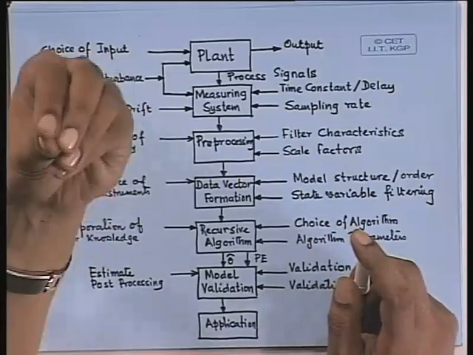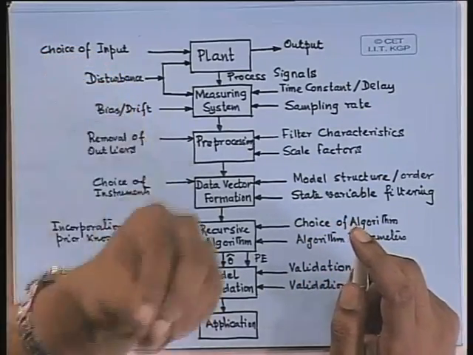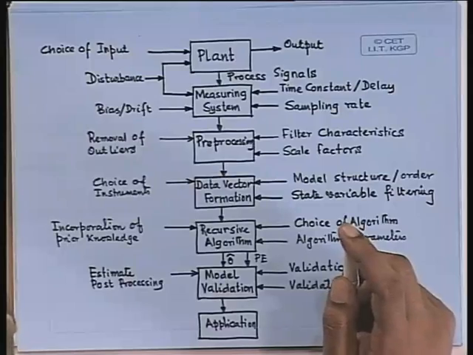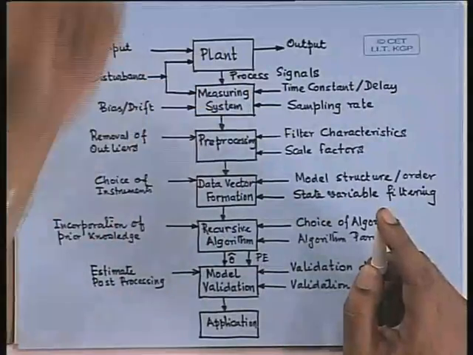For example, you may like to check whether there has been any common pole zero. If so, cancel it. Common means you will never get an exact match, but you will get poles and zeros which are very close, right? So you might like to do model reduction. You might like to do filtering not only on the data. All this while you have been doing filtering on the data sequences, YKs and UKs.